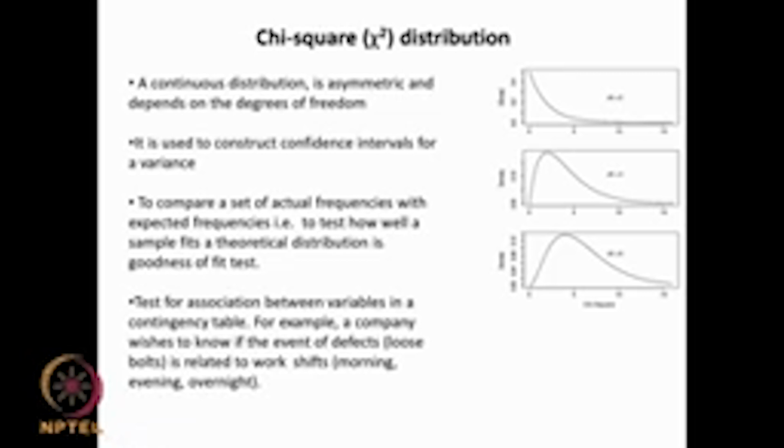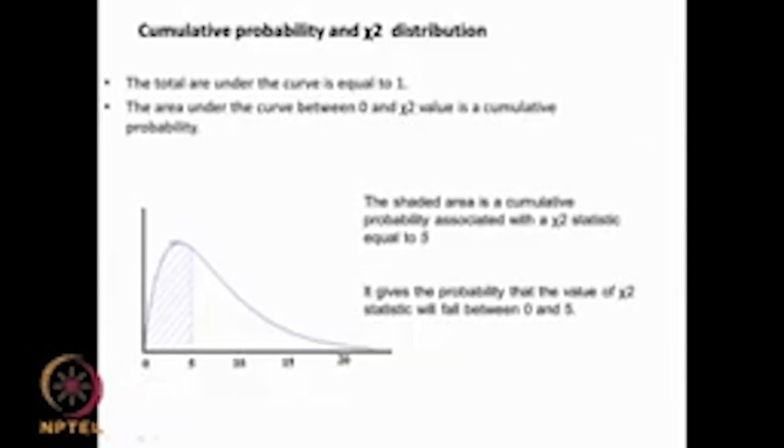Are the poor results we get because of certain instruments? That sort of comparative studies can be done using chi-square test. The area under the curve is 1, so when you are talking about a chi-square of 5, this area will be the cumulative probability, between 0 and 5, of the occurrence.